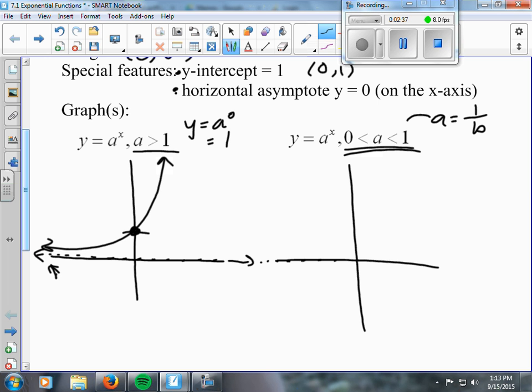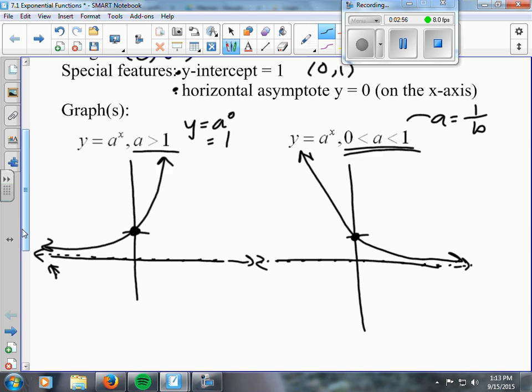You have the same kind of features, the horizontal asymptote at 0 and the y-intercept at 1, but this is decay instead of growth. And so instead of getting 0 at the left end, when x is negative infinity, now you have the horizontal asymptote at the right side.